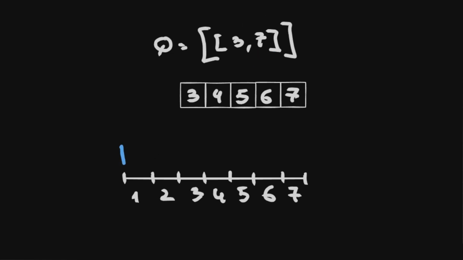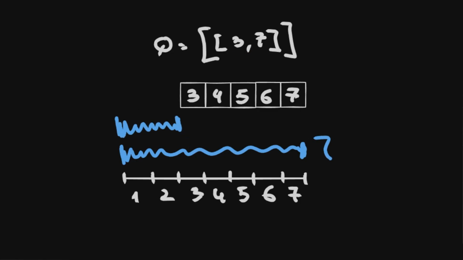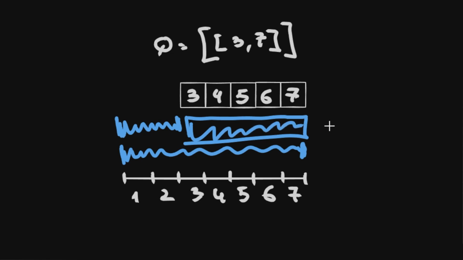So the total number of operations to go from 1 to 7 included. And we can subtract the total number of operations to go from 1 to the left bound minus 1, meaning 1 and 2 in this case. So we take this and we subtract this. This is how we get this range of operations, which is exactly what we want.